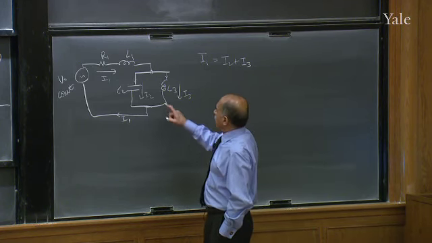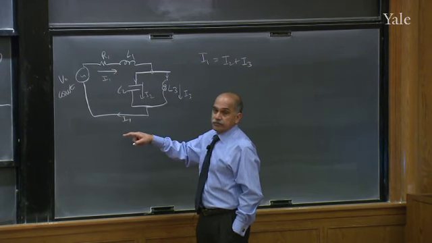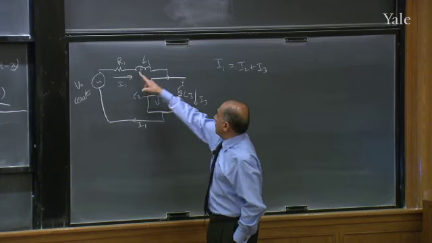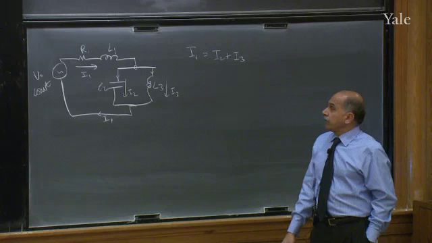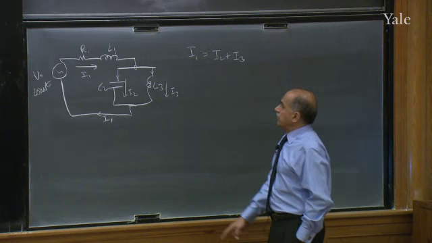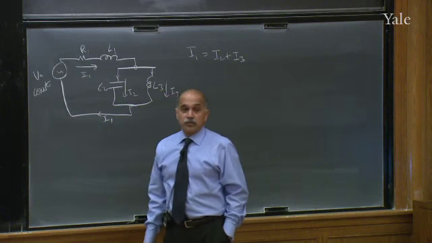Generally, if it's a simple problem, it's equal to the number of loops you have. That's a loop here, that's a loop there. You can draw many other loops like that one and that one, but they will not give you any new results. So you've got to write voltage equations that say if you go around a loop and you come to where you start, the change is 0.